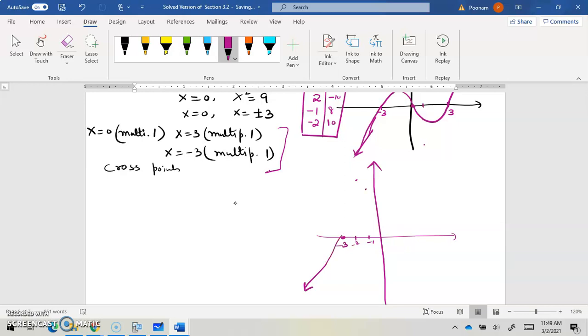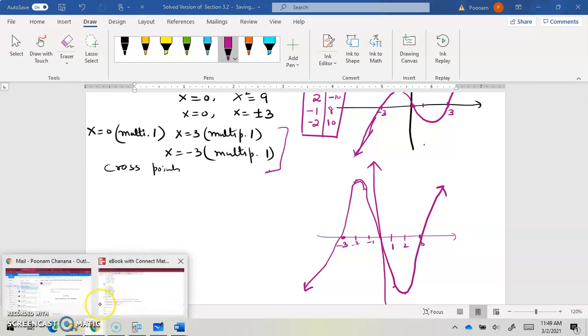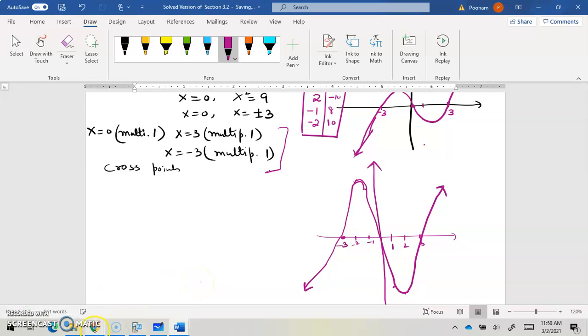So the graph goes up from negative 3, goes through negative 2, 10 and goes back, passes through 0, 0. At 1 it is negative 8, at 2 it is negative 10, at 3 it passes through 0. So it has to go here to 3, 0 and it goes up on the right side. So I know this is not looking very nice. We can plot it with decimals to be more accurate, but we can check our behavior.